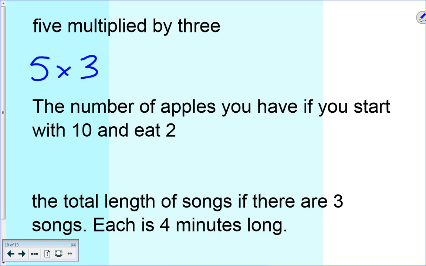So the number of apples you have if you start with 10 and eat 2. What does that look like? 10 minus 2. Not hard. The next one, the total length of songs. If there are 3 songs and each song is 4 minutes long, how am I going to figure how many? 3 times 4.